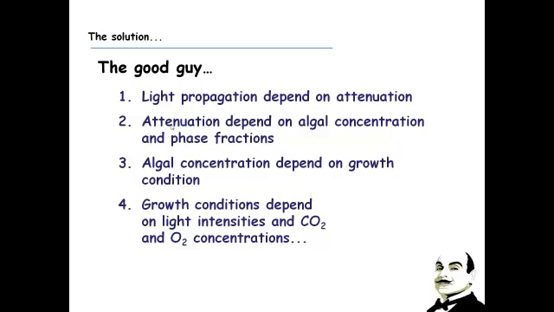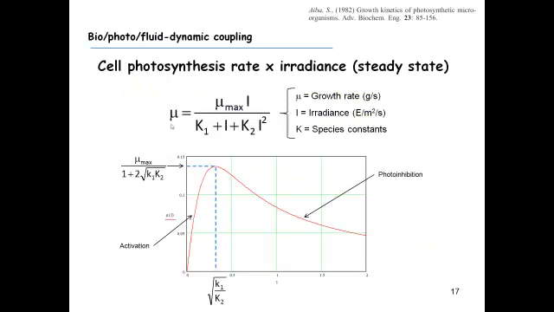Algal concentration depends on growth condition, and 4. Growth condition depends on light intensities and CO2 and O2 concentrations. So the solution would be to solve the photobiofluid dynamic coupling problem. That's the reason for our talk today.